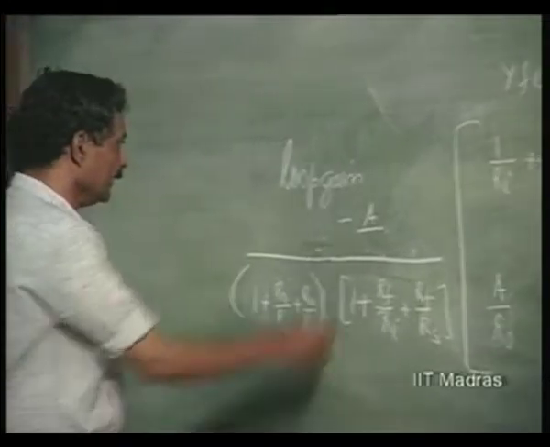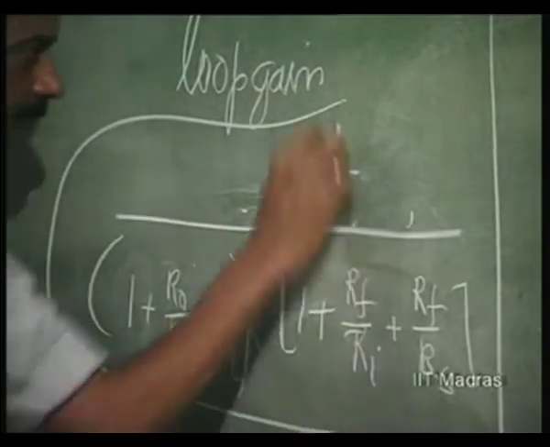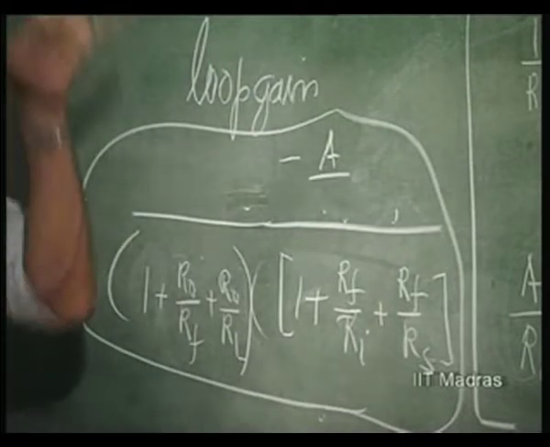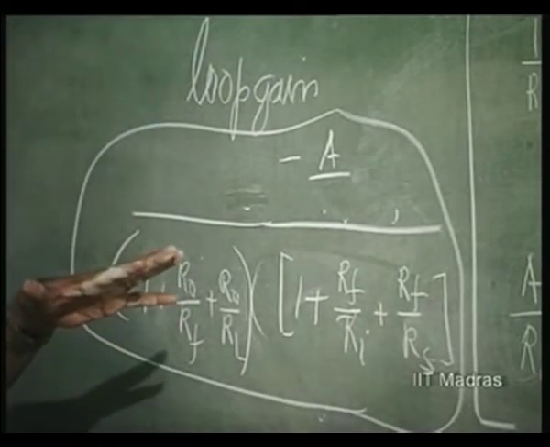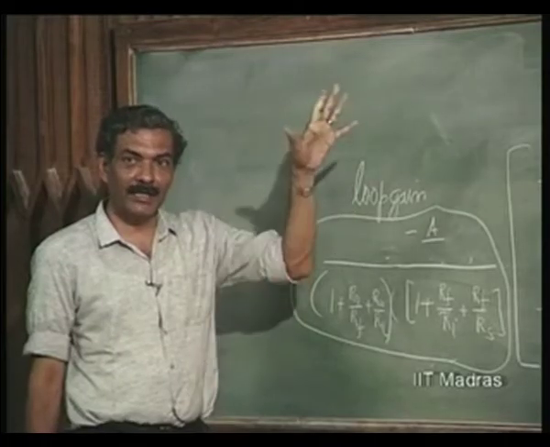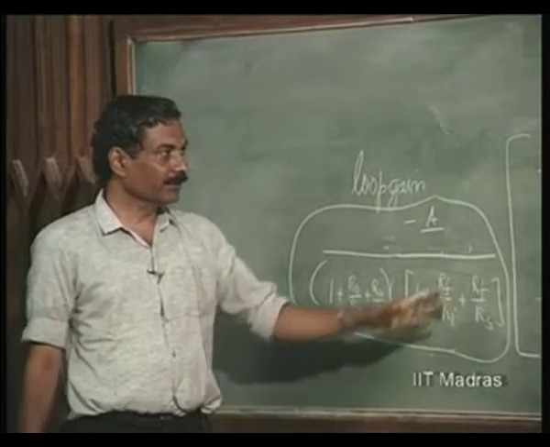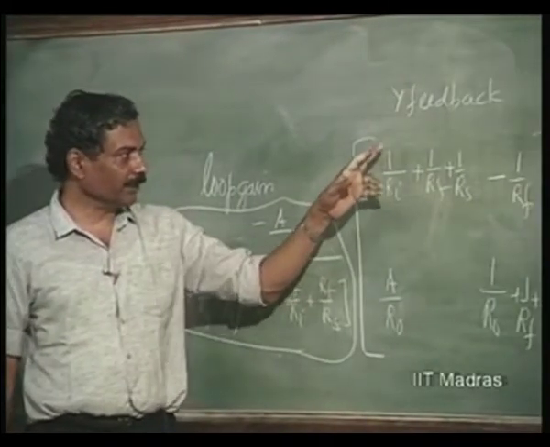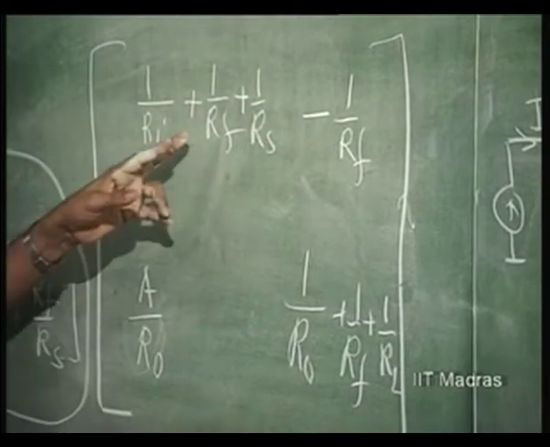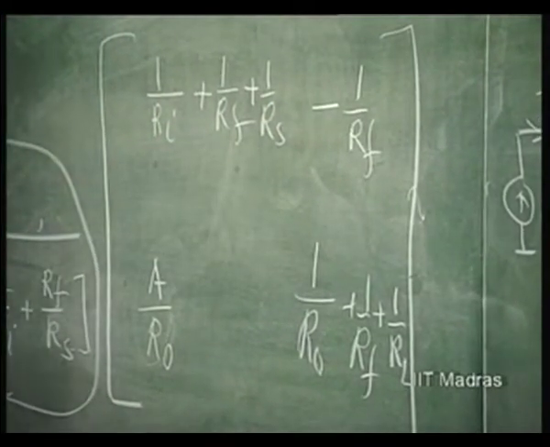So, you can see that this is the loop gain, and everything decreases by loop gain, 1 plus loop gain. That means Ri becomes Ri divided by this factor. The original input impedance, input conductance is this. This conductance is going to be multiplied by 1 plus loop gain.